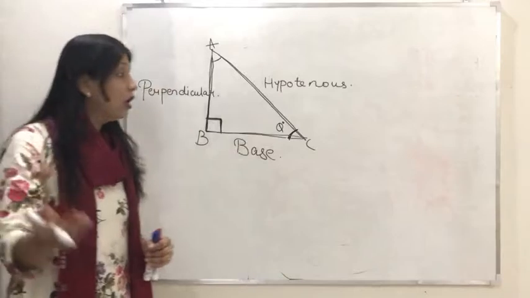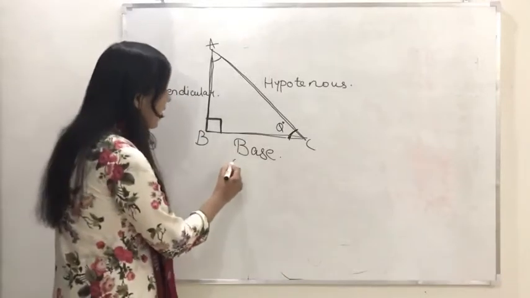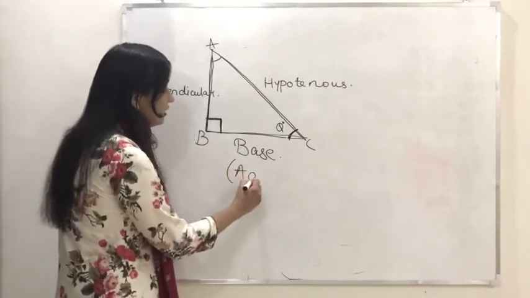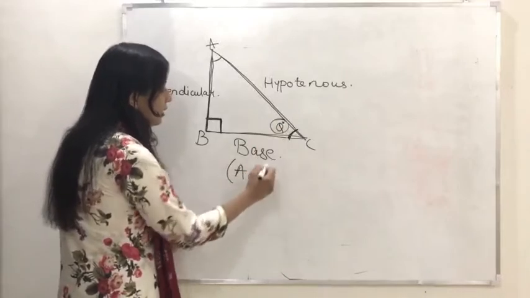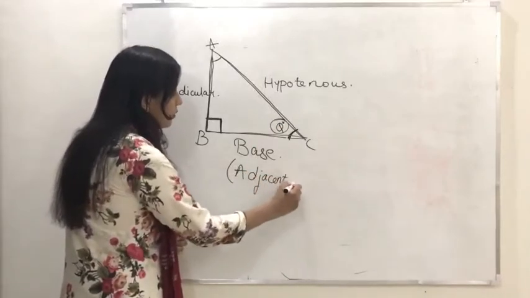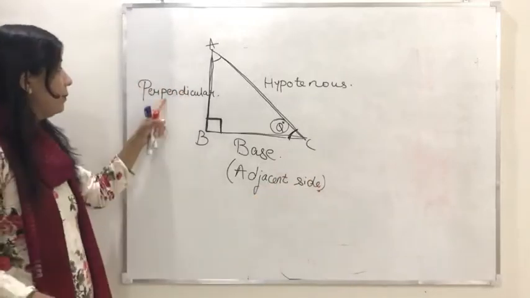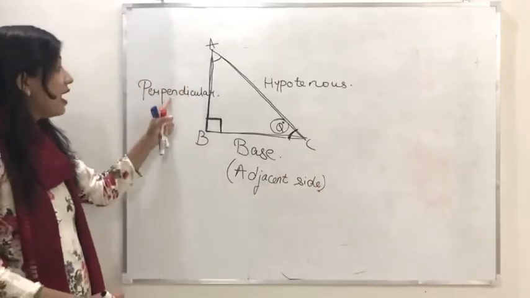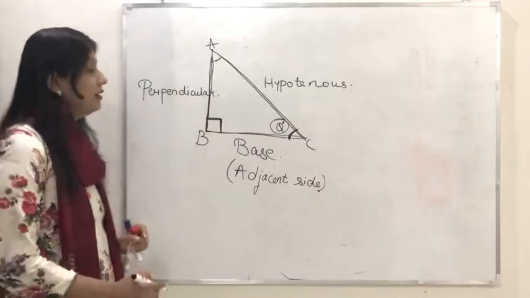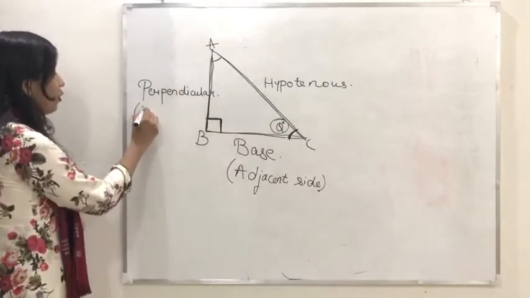In your book, you can also find that base is written as adjacent side, the side adjacent to angle theta. And you will also find perpendicular written as the side opposite to angle theta. So perpendicular is also written as opposite side.